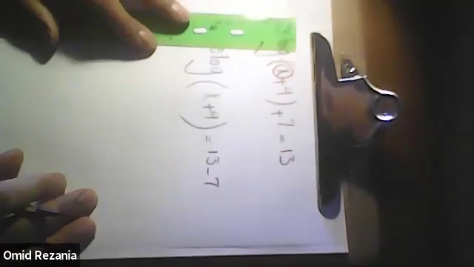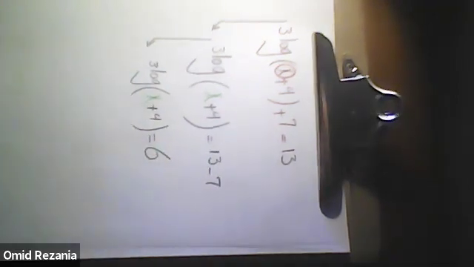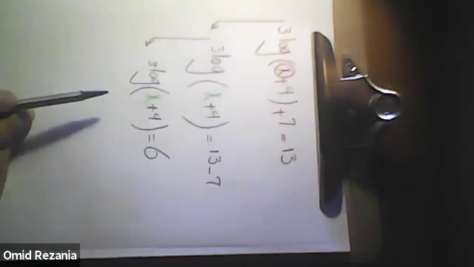Fantastic. Then at this stage, what are we going to do? I can take 13 minus 7. How much is that? 6. Then I have 3 log of x plus 4 equals 6. Correct? Fantastic. And now, what can we do?